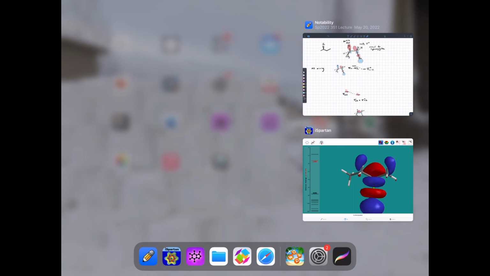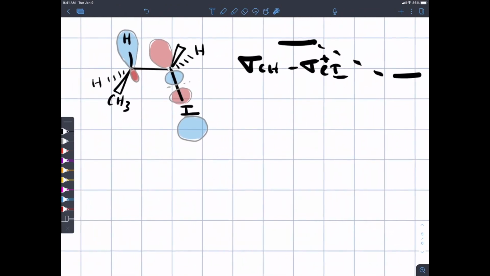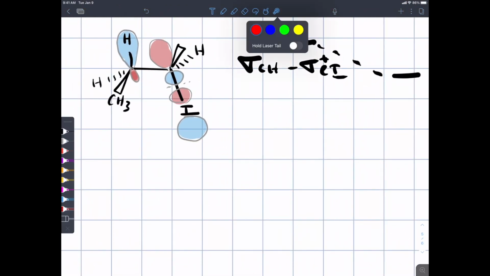And the answer is because this comes from the minus combination, wherein you add the adjacent CH with the sigma star antibonding orbital. All right. And the difference, of course, between what we've done here and what's shown in Spartan is Spartan shows this happening with the other beta hydrogen at the same time.